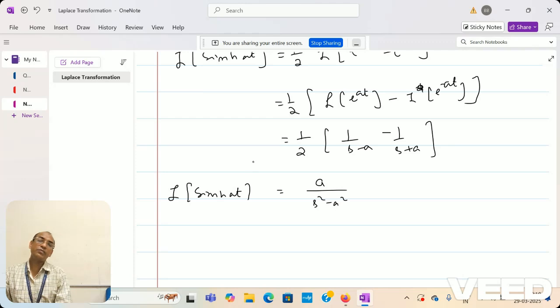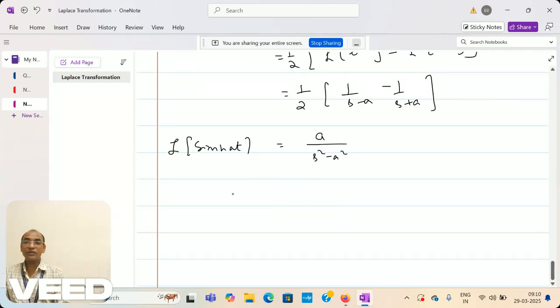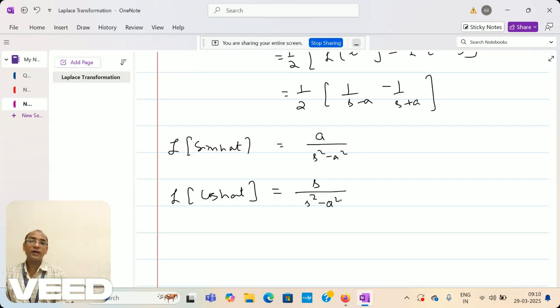So what is the difference between sin at and sinh at? In the case of sin at, we have s square plus a square in the denominator, but in the case of sinh at, we will have s square minus a square. The same thing happens to cos also. The Laplace transformation of cosh at will be nothing but s by s square minus a square.